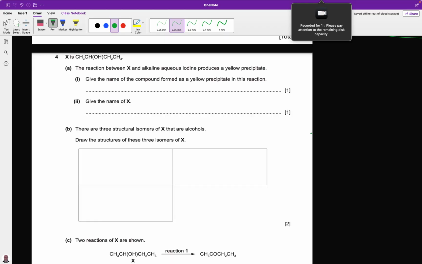Remember, only secondary alcohol will undergo this reaction to produce a yellow precipitate, and that yellow precipitate is what we call triiodomethane. It will undergo a triiodomethane reaction. And the name of that yellow precipitate will be triiodomethane.